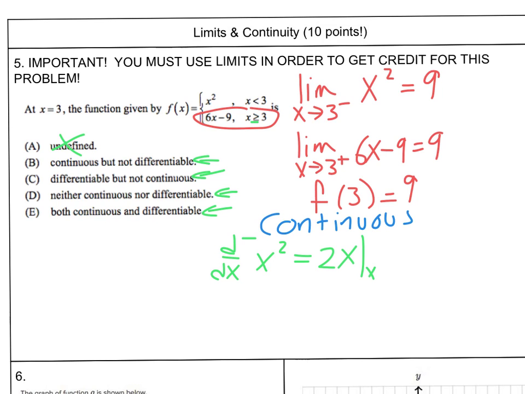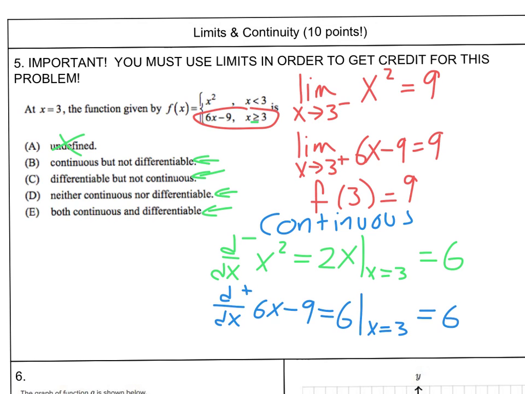And if I plug in 3 to see what that's approaching, we're looking at 2 times 3 is 6. From the right, we've got 6x minus 9, whose derivative is 6. And it doesn't even matter if I plug in 3 here because we already have 6 as a value.